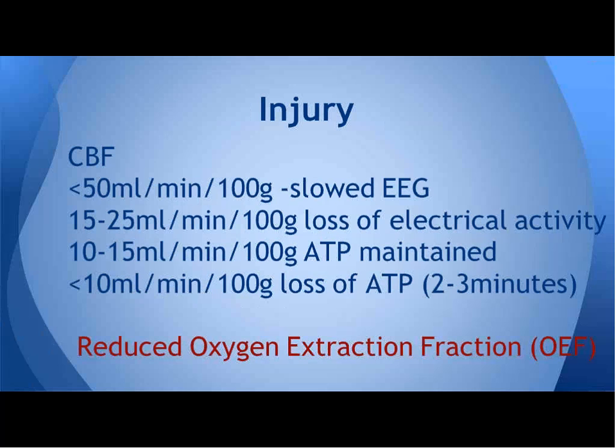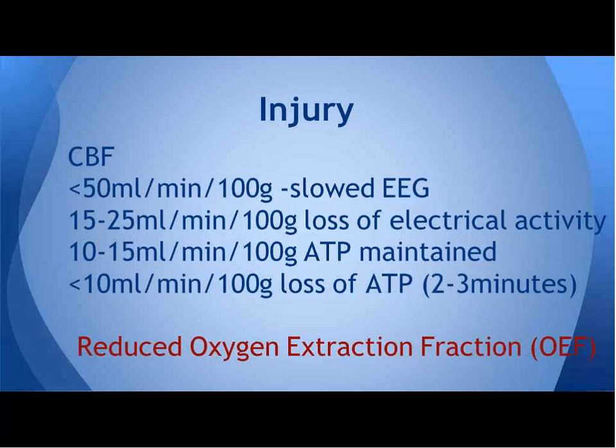So injury occurs when the cerebral blood flow is less than 50 mLs per minute per 100 grams of tissue. You get a slowed EEG. Once you get even less, then you get loss of electrical activity. Then at 10 to 15 mLs, ATP is maintained, and at less than 10 mLs per minute per 100 grams of tissue, you get loss of ATP.